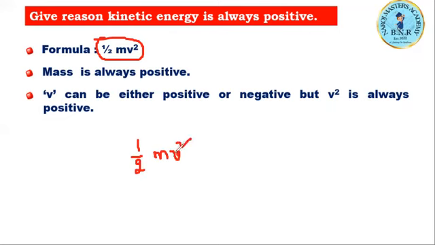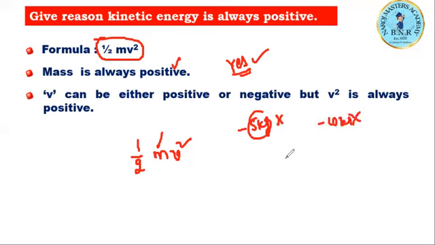We are talking about only kinetic energy. Can we say kinetic energy is always positive? Yes. Why? Because mass will never be negative. So mass is always positive. Can we say minus 5 kg mass? No. Can we say minus 10 kg mass? No. Can we say mass is 5 kg? Yes.